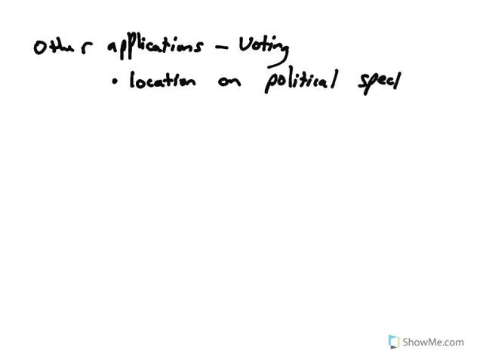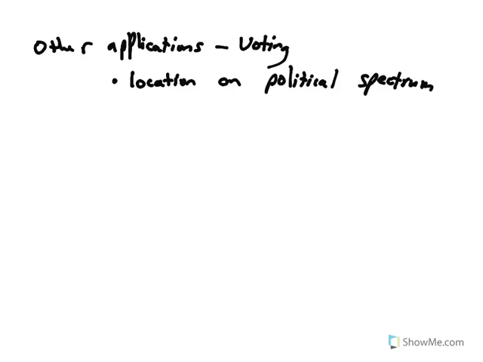So imagine locating on a political spectrum of left and right, and wherever you locate, the people closest to you ideologically are going to vote for you. The people located ideologically closest to your competitor are going to vote for your competitor, right?